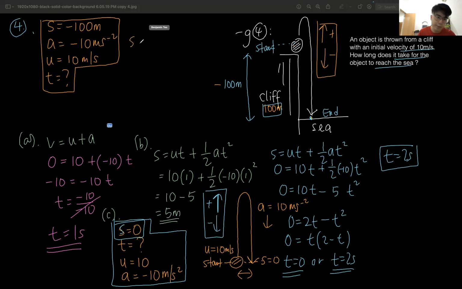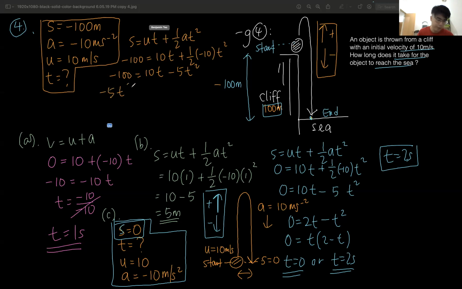Okay, then we solve it. S equals to ut plus half at squared. S is minus 100 equals to 10t plus half minus 10 t squared. That's minus 100 equals to 10t minus 5t squared. Okay, so it's a quadratic equation, right?